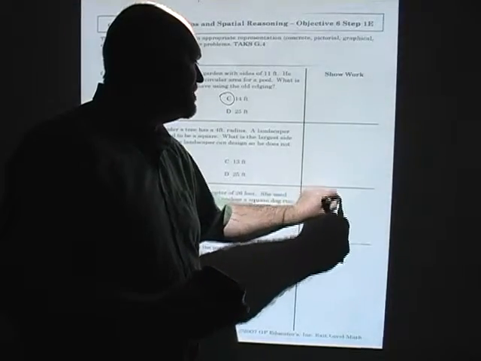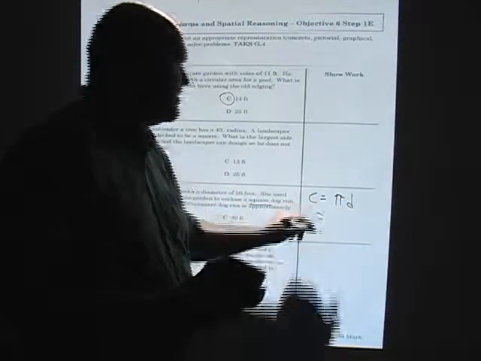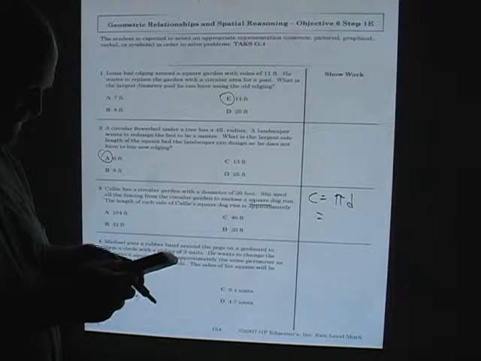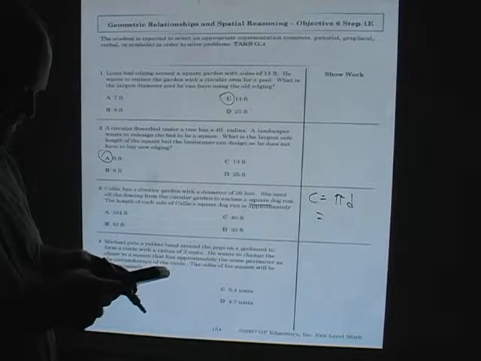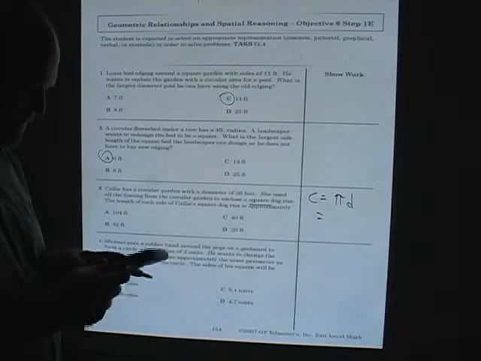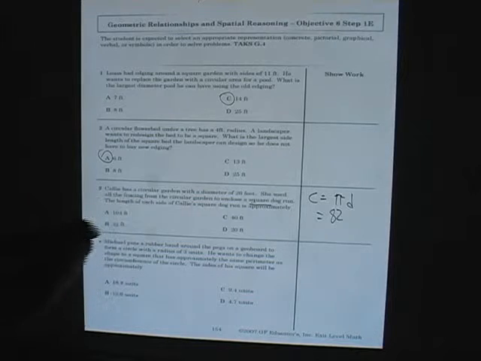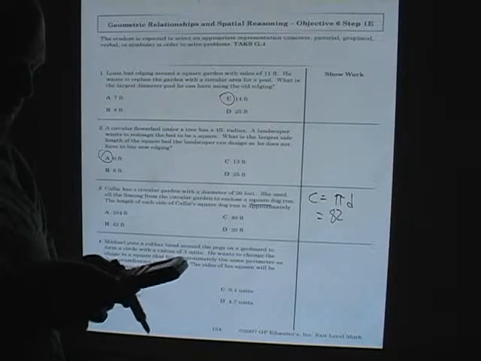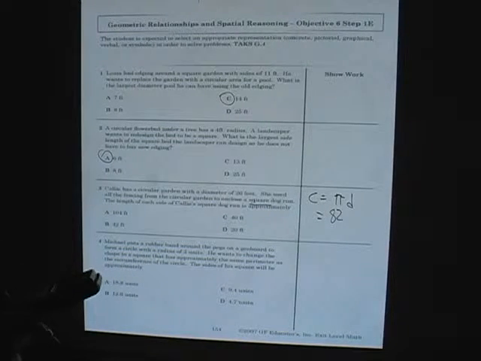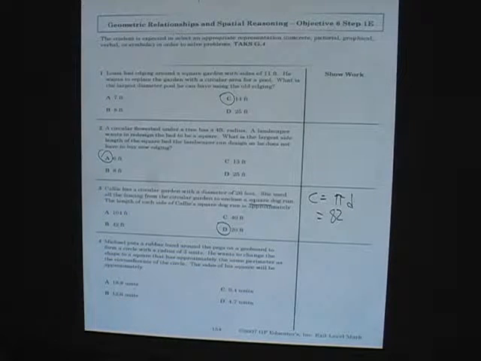Circumference equals pi times diameter, so pi times 26 is about 80, close to 82. I'm going to round it up to 82. We're going to take that edging that's 82 feet long and divide it by 4 equal sides in a square, and we get about 20 for each side. Length of each side is about 20.